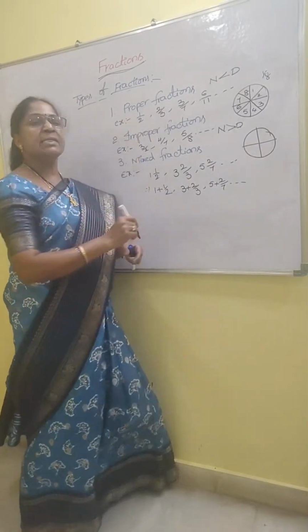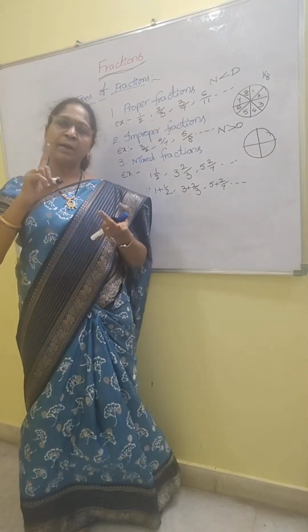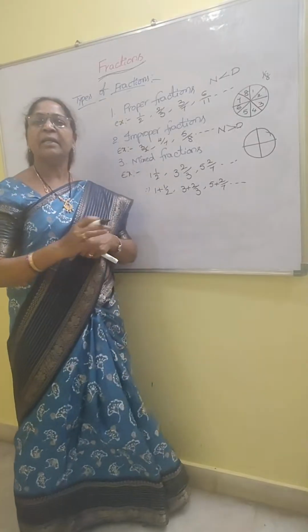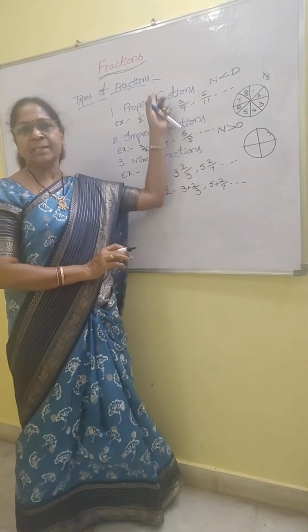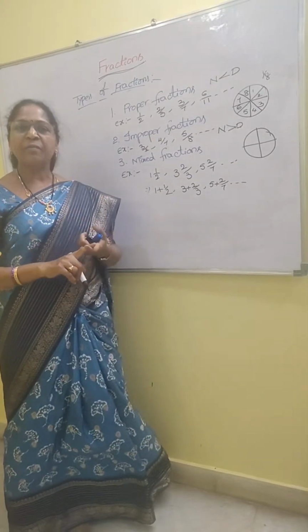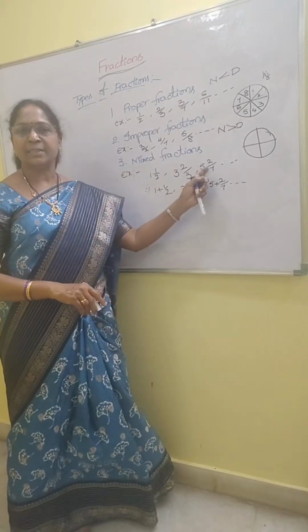Next, we know what a fraction is and what the parts of a fraction are. Now the types of fractions. There are 3 types of fractions: proper fractions, improper fractions and mixed fractions.